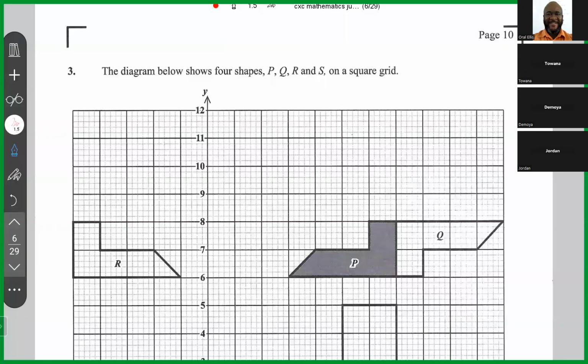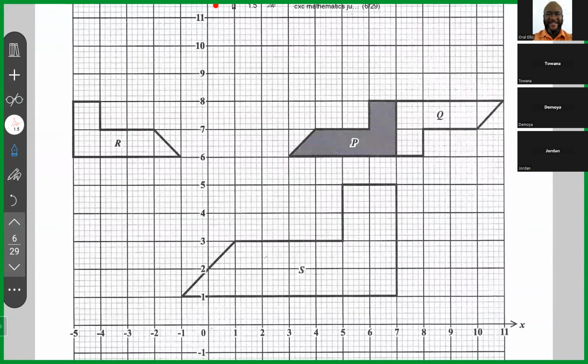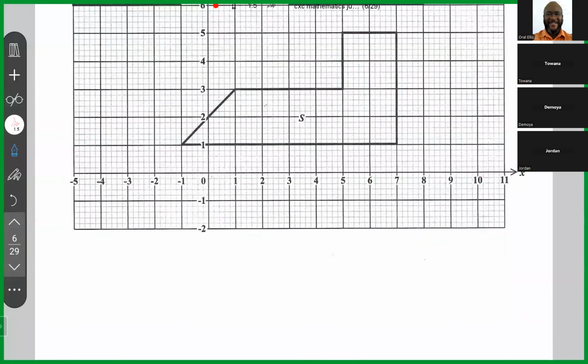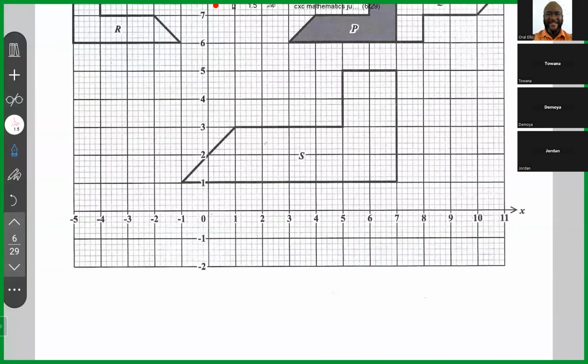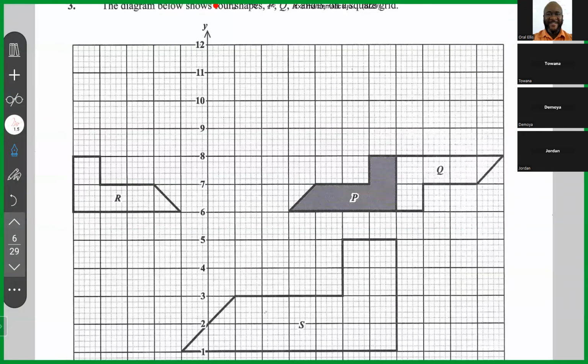All right, question number 3 says the diagram below shows 4 shapes, P, Q, R, and S on a square grid. And so we've seen everything. So let's just see what we're asked to do.